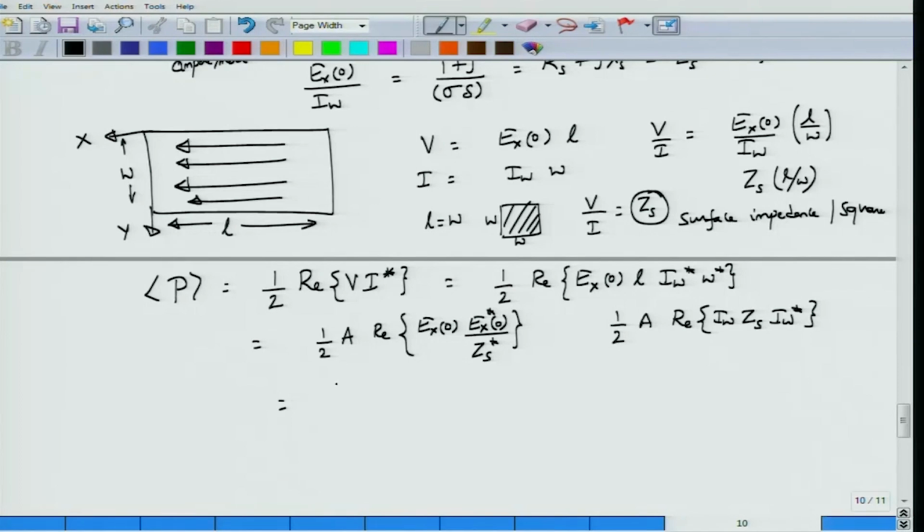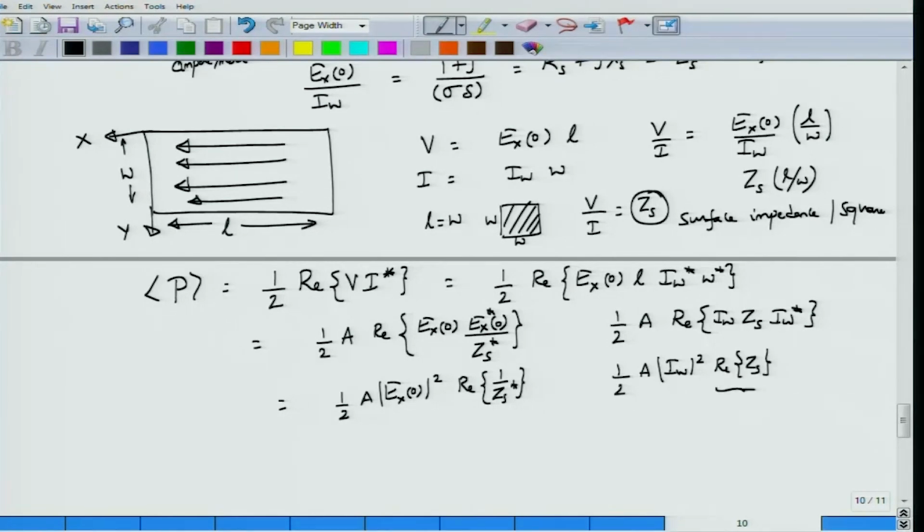So you can see that this form will give you half A. Ex(0) complex conjugate is real, so you can pull it outside, and you get magnitude of Ex(0) squared and the real part of 1 by Zs complex conjugate. Or equivalently, you can write this as half A times I_W into I_W complex conjugate, which is nothing but I_W magnitude squared, and the real part of Zs.